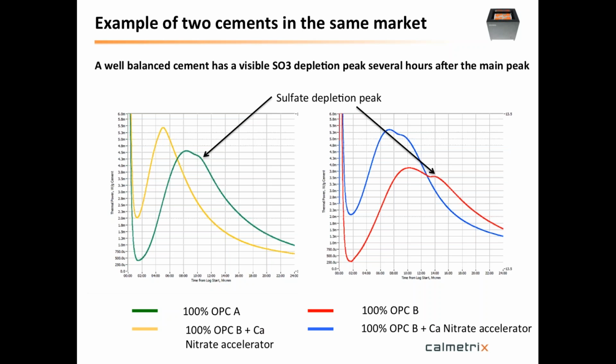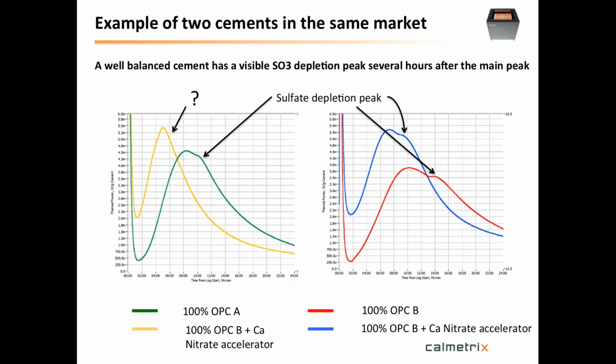Now, what gets interesting is when you add the accelerator. When you add the accelerator, you still see on the blue cement, distinctively, this peak of the sulfate depletion. It's a little bit shorter. The time between the maximum of the main peak and the sulfate depletion is a little bit shortened, but it's still clearly there. Now, on the other hand, on cement A, you're not sure if it's there or not.